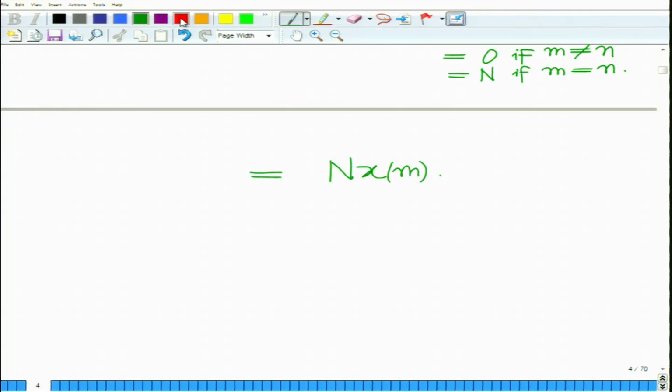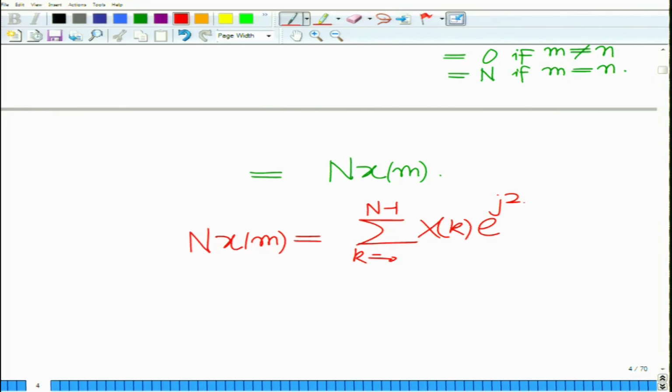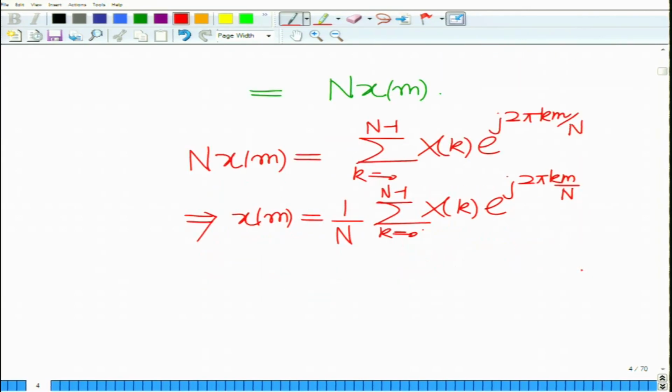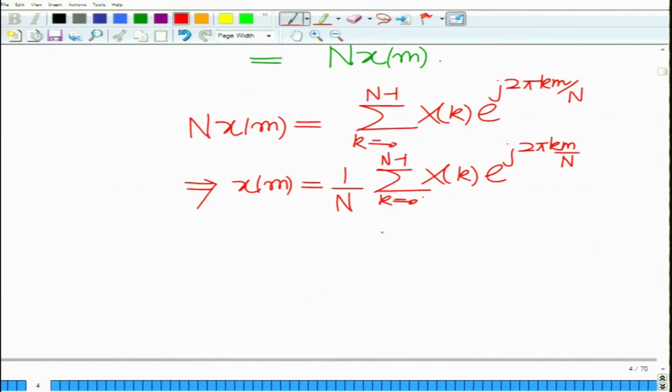So, from this manipulation what we have seen is basically that N x[m] equals summation k equal to 0 to N minus 1 X[k] e raised to j 2 pi k m divided by N, which implies that x[m] equals 1 over N summation k equal to 0 to N minus 1 X[k] e raised to j 2 pi k m over N, and in fact e raised to j 2 pi over N is W_N raised to minus 1.